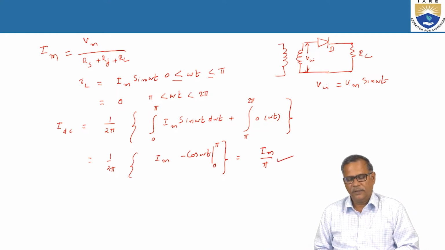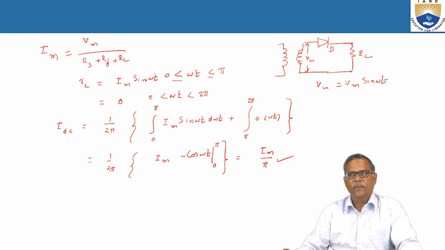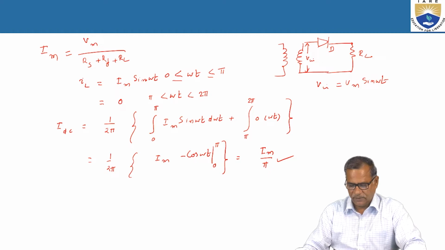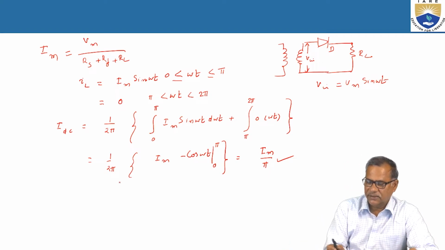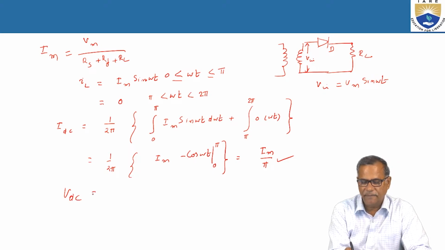Now what is the average DC voltage? Voltage is nothing but current multiplied by the resistance, and the resistance is RL. The average DC voltage is also called VDC or EDC.